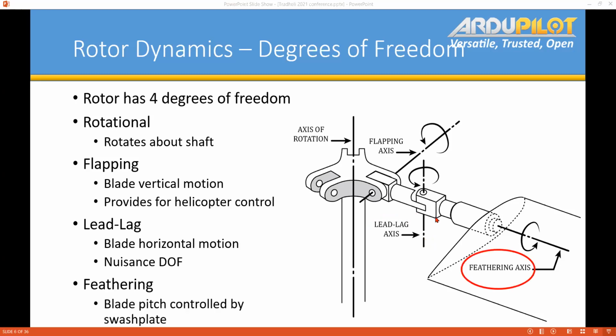And lastly, we have the blade pitch, or the feathering. This is how the pilot or the flight control system controls the blades flapping.